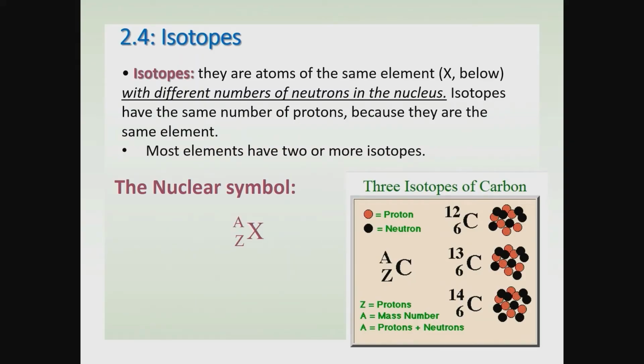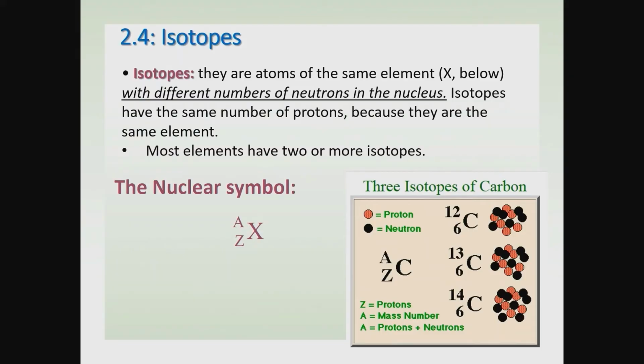So in general, you should know how to write out the isotope in a nuclear symbol. X indicates where the abbreviation for the element would go. With carbon, the symbol is C, so that would go on the X. The lower left number is the atomic number. The upper left number is the mass number.